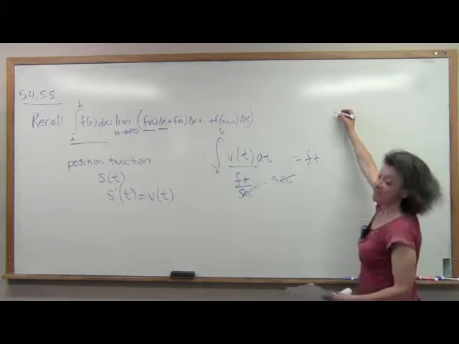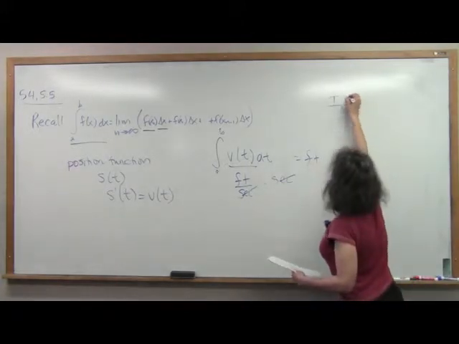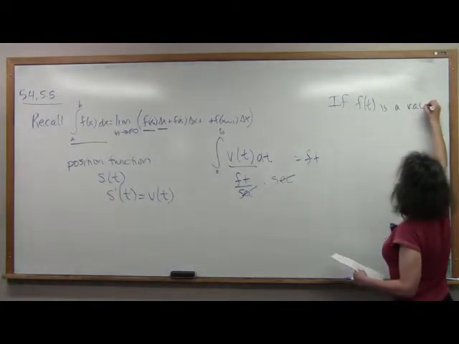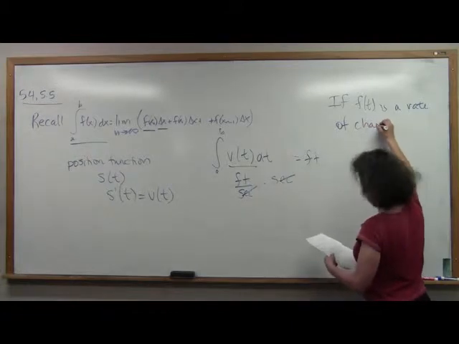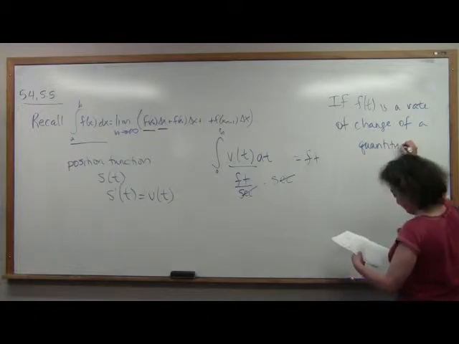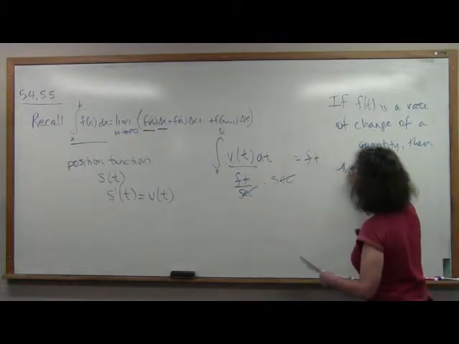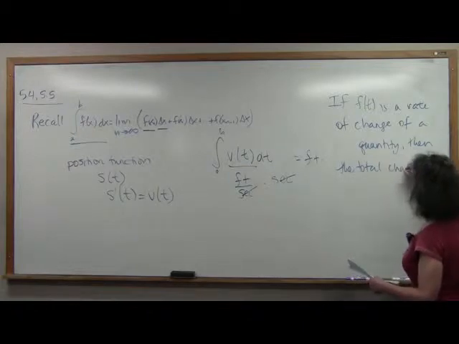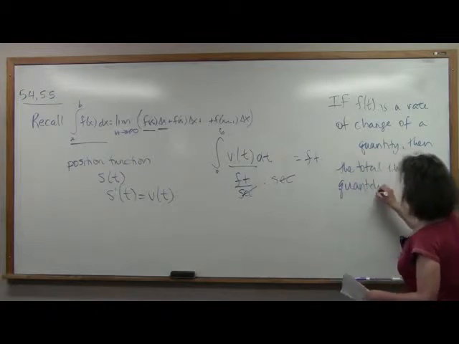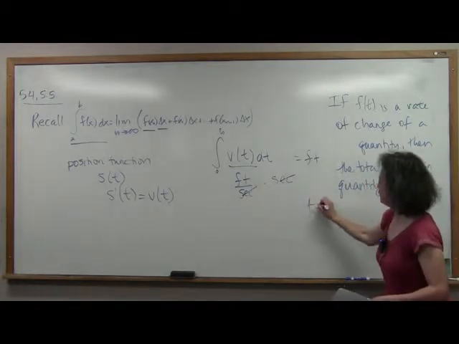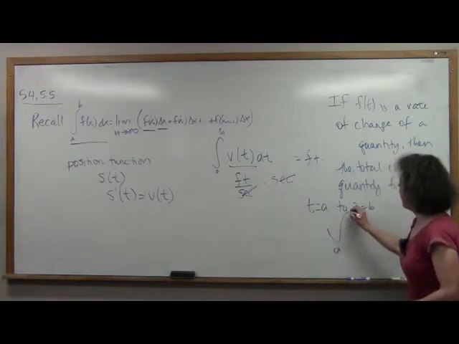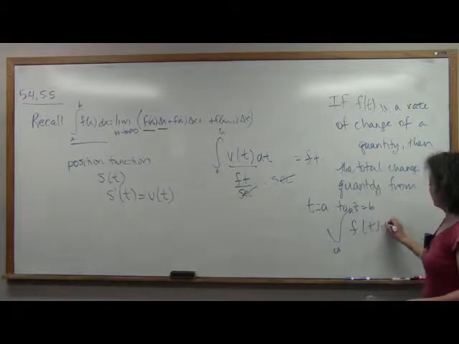So this leads us to say the following. If some function f of t is a rate of change of a quantity, then the total change in quantity from t equals a to t equals b is the definite integral from a to b of the function.